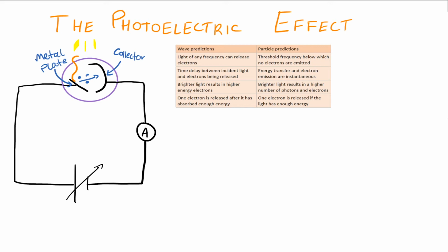And brighter light actually just resulted in a higher current, which meant a greater number of electrons were crossing the gap. And finally, one electron could only be released if the incoming light was above this threshold frequency. So electrons couldn't just sit there waiting to absorb enough energy, like in the wave predictions. They either had enough energy to be released or they didn't.